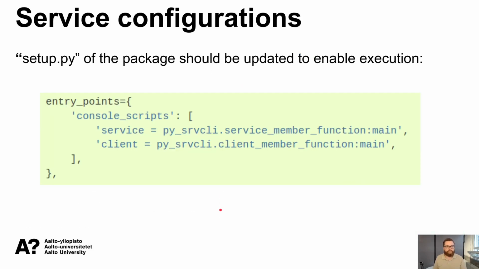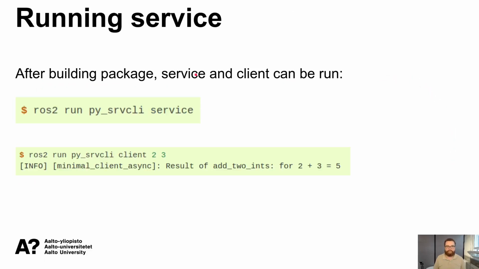But okay, then service configurations. So how to make these files executable. It's the same way as we were previously doing with the nodes and the topic-based communication. So in the setup.py, you define the executables in the same manner. And then running the service server. This is how you run the service server.